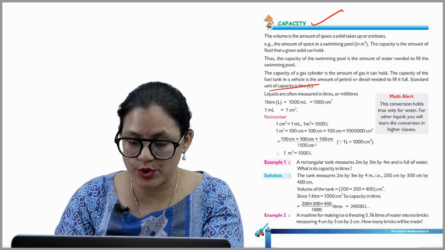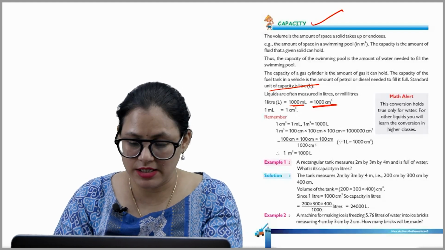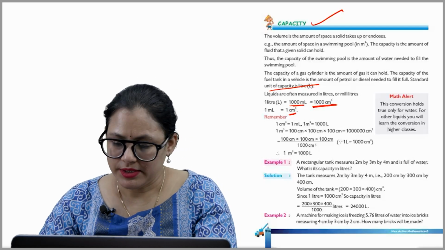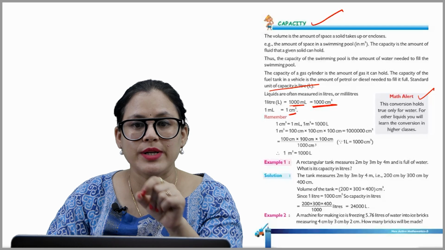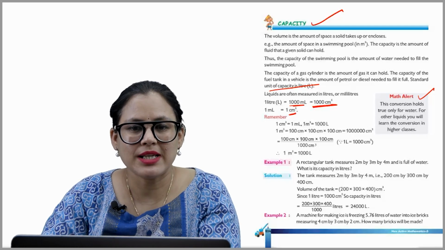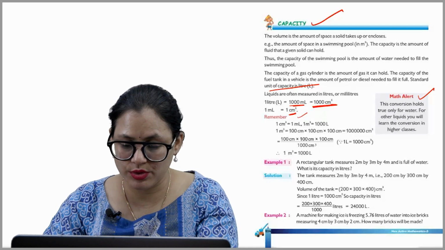1 liter is equal to 1000 ml, which is equal to 1000 centimeter cube, and 1 milliliter is equal to 1 centimeter cube. This conversion holds true only for water. For other liquids, you will learn the conversion in higher classes. Remember, 1 centimeter cube is equal to 1 milliliter and 1 meter cube is equal to 1000 liter.